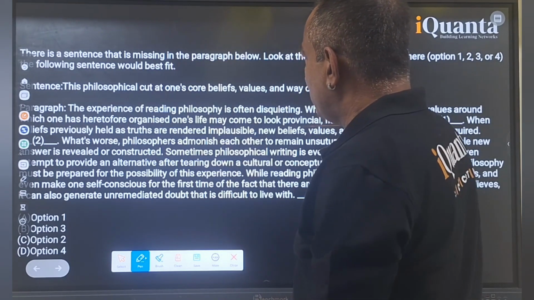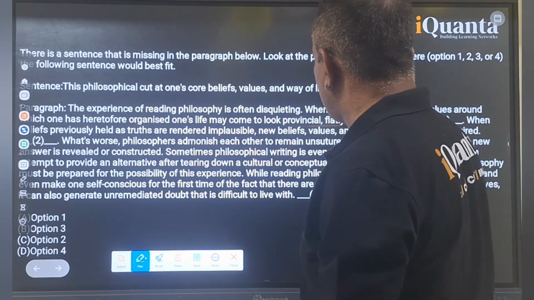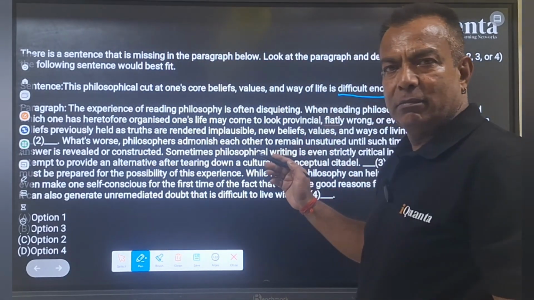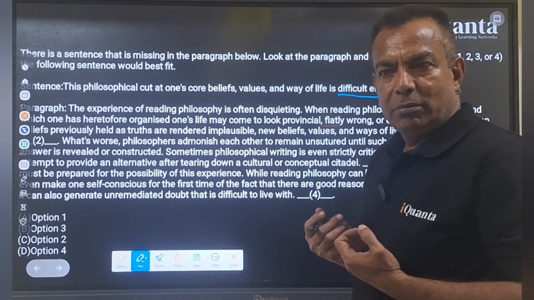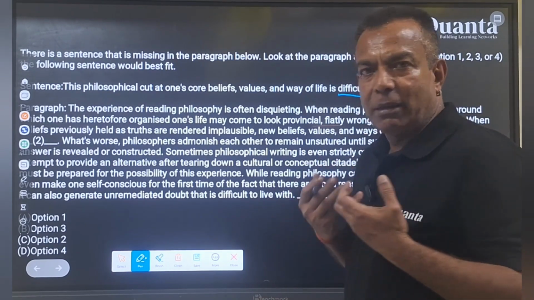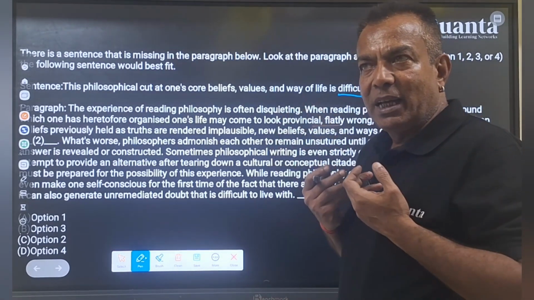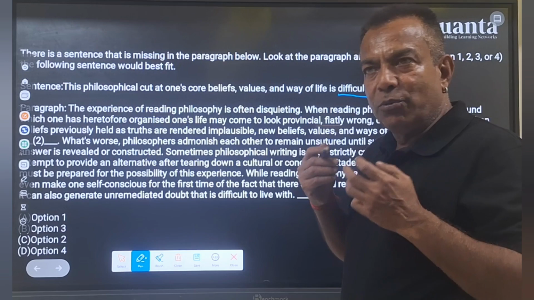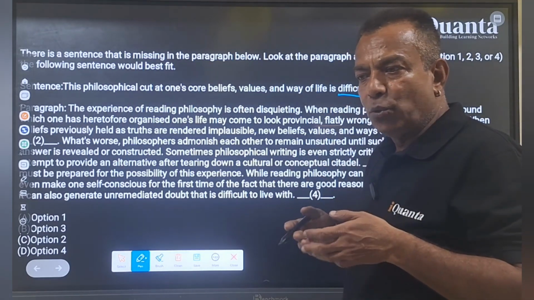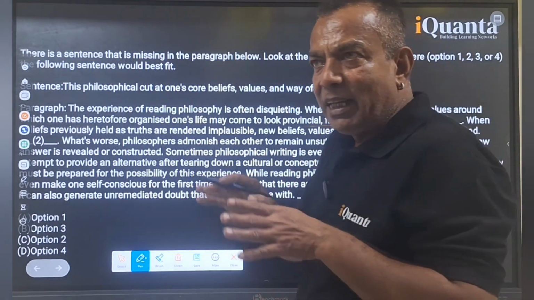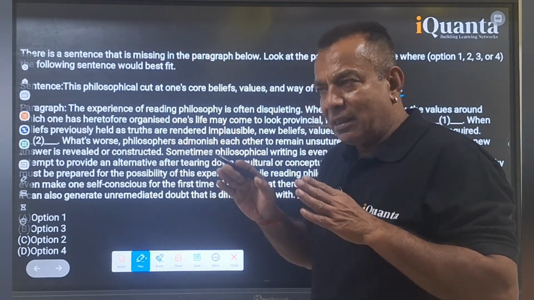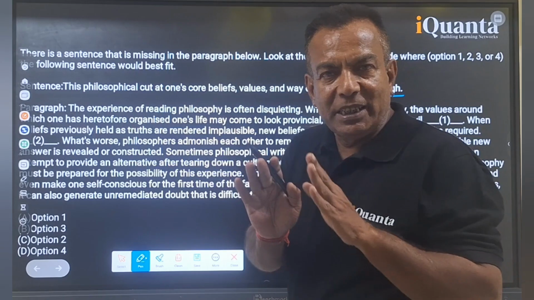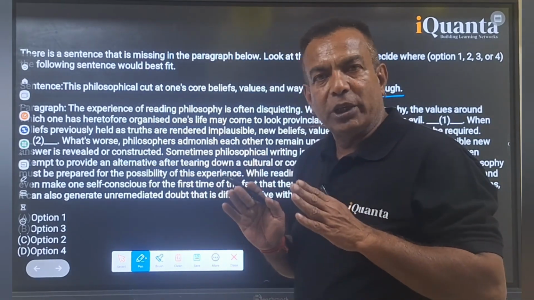Paragraph. The experience of reading philosophy is often disquieting. Disquieting, that means it affects you, invigorates you. Sometimes your thought process changes, or when you read philosophy, sometimes you are so much into it that you basically negate everything. बाकी चीजें गलत हैं, ये philosophy ही सही है, ऐसा situation हो जाता है.